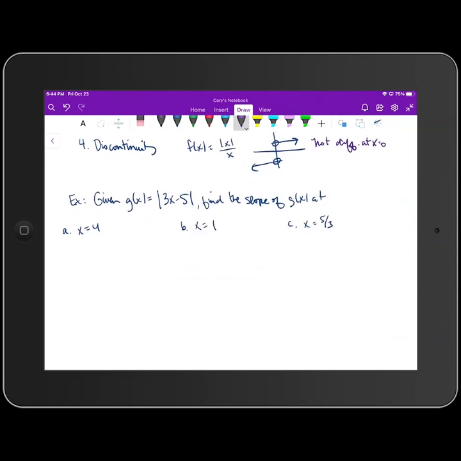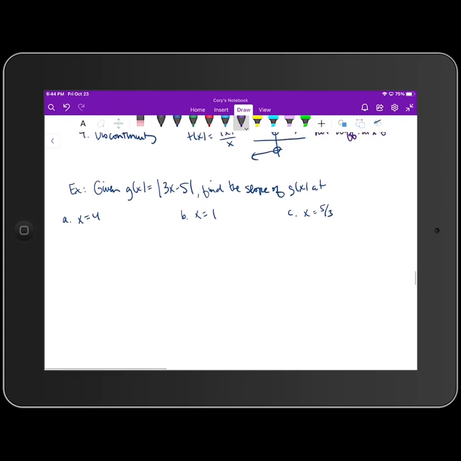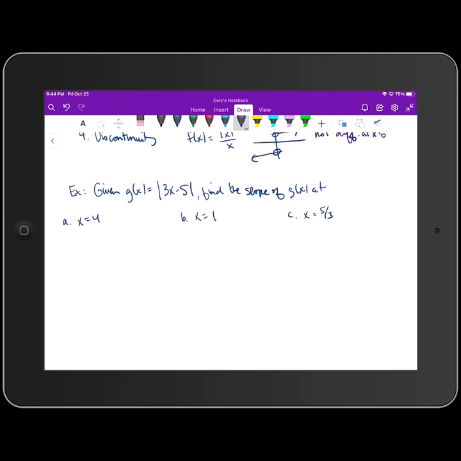Again, we want to find the slope of that function at x is equal to 4. So if I want to calculate g prime of 4 in part A, using that first limit definition, that is going to be the limit as x approaches 4 of g of x, which is the absolute value of 3x minus 5, minus g of 4.